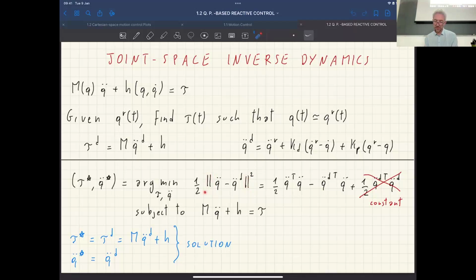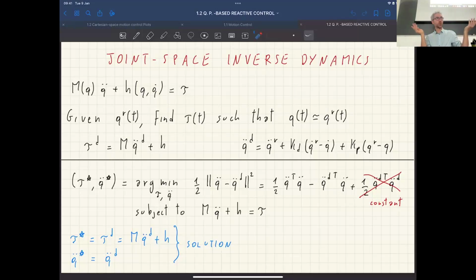Indeed, you can rewrite this in this form. You simply take this quantity here, transpose, and you multiply it times itself. Because this is a vector, and the cost function needs to be a scalar value. So if you multiply the vector transpose times itself, you get a scalar.